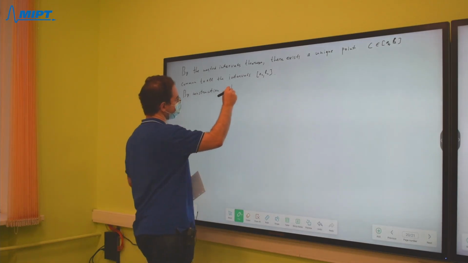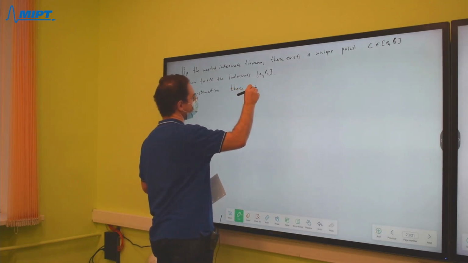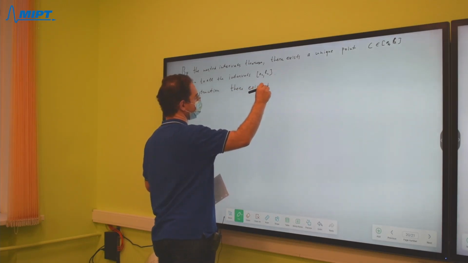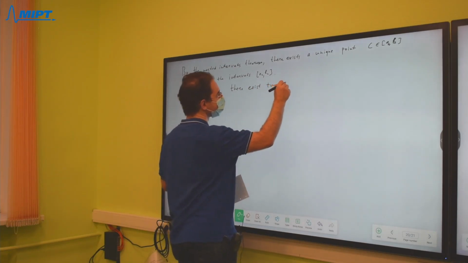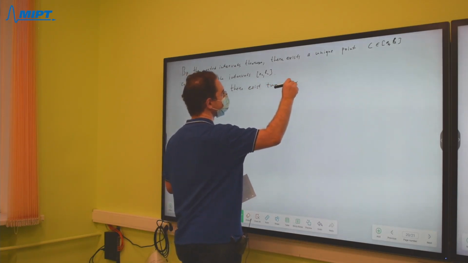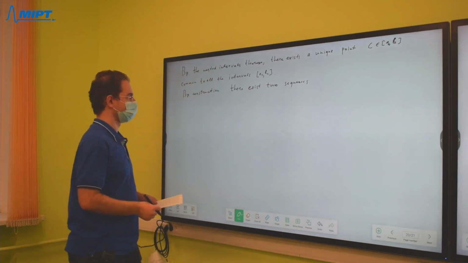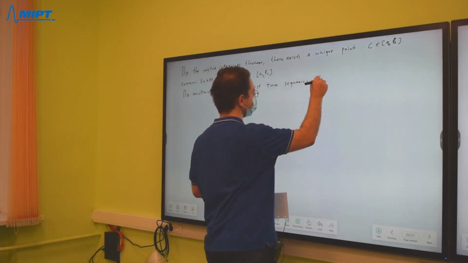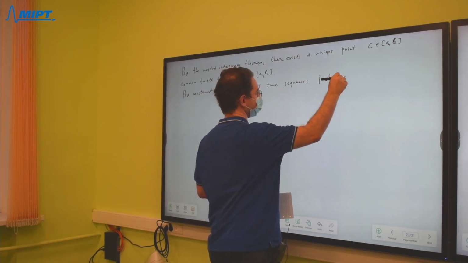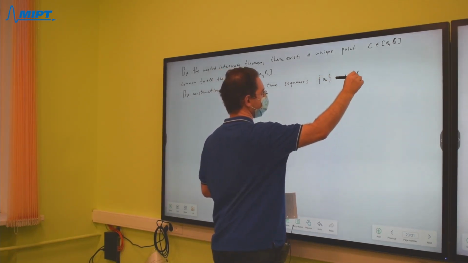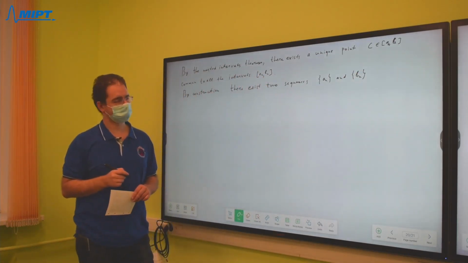Reconstruction. There exist two sequences, AN and BN. Those are the endpoints of our intervals.